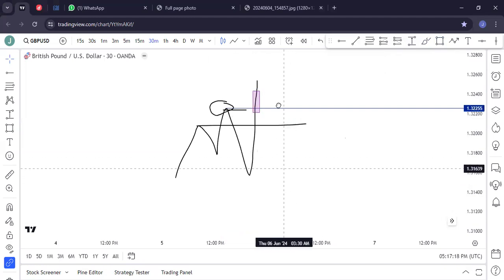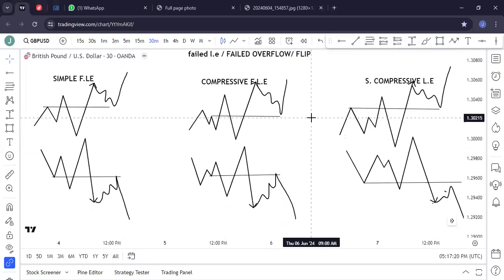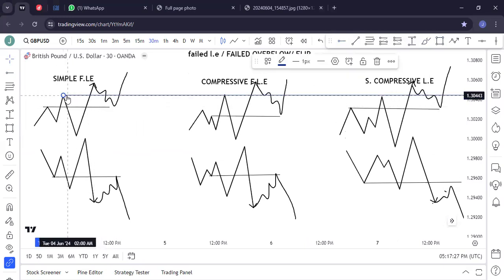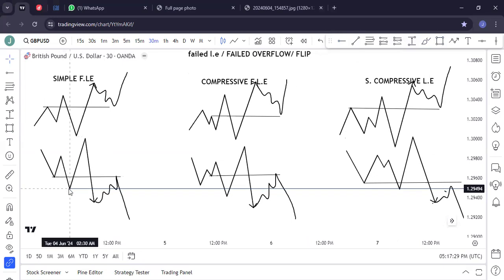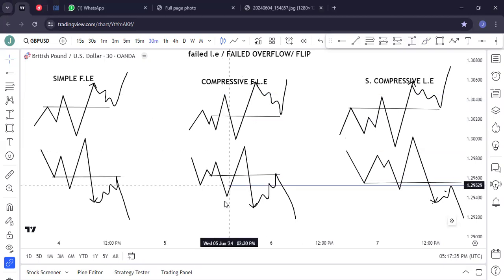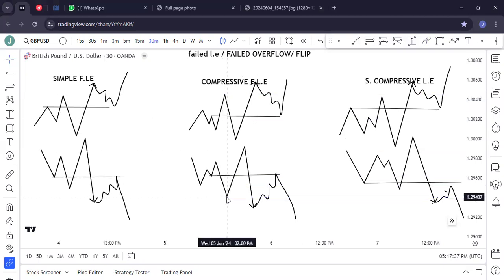Even in this situation here, the only way we can enter is when the market closes here by body, or here by body, or in this point here by body, this reclaim point here.